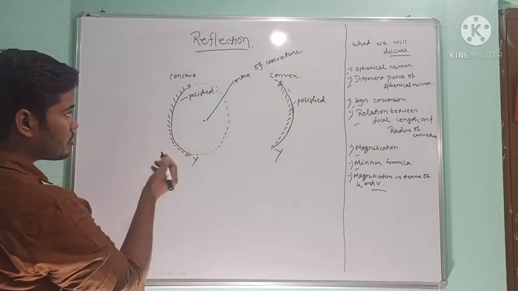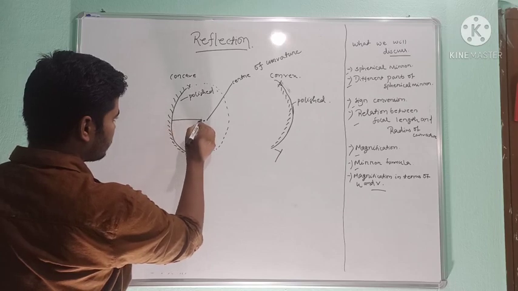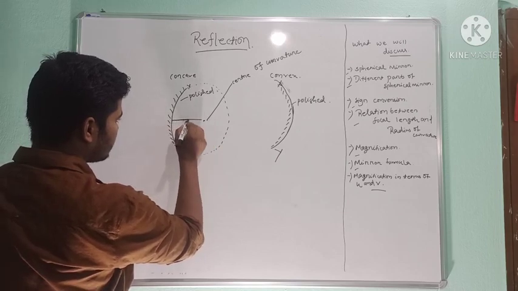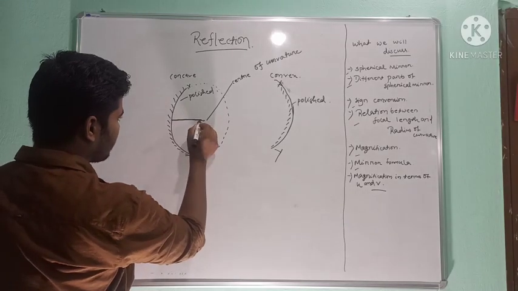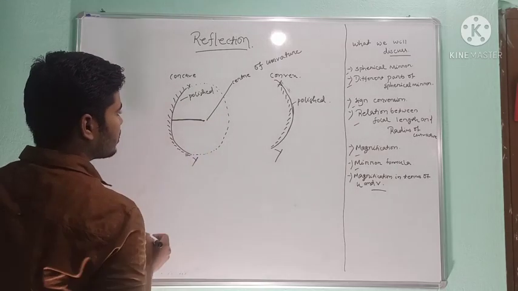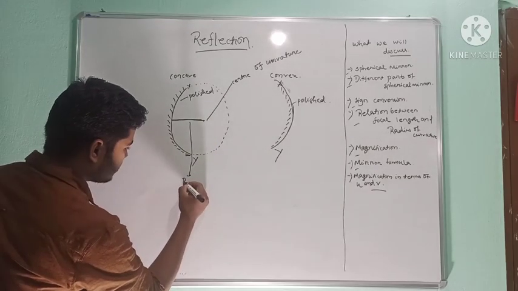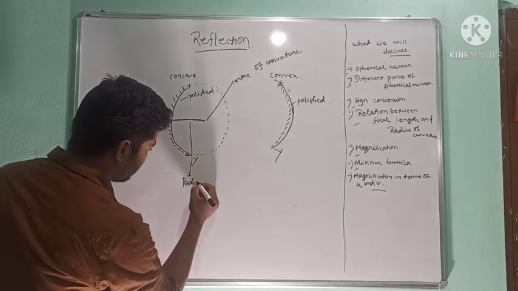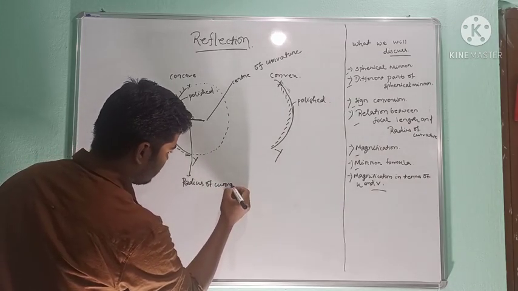Then we will study radius of curvature. The line joining from the aperture to the center of curvature is called the radius of curvature.